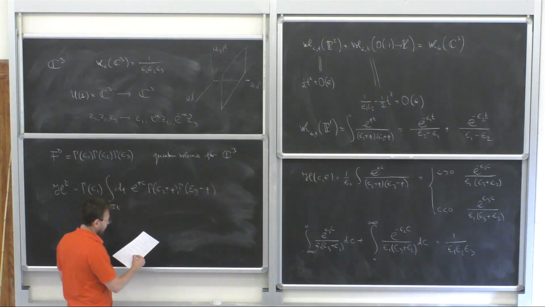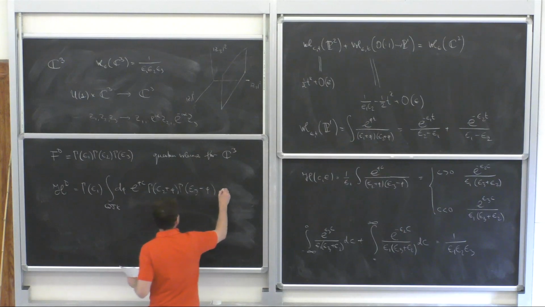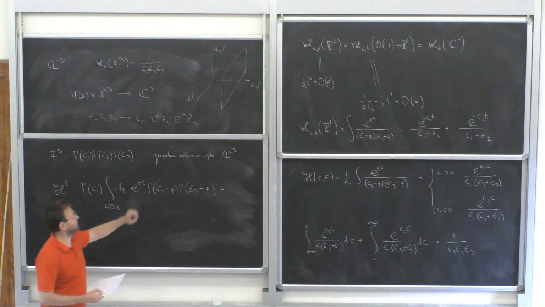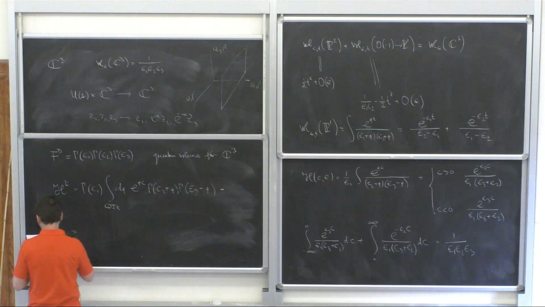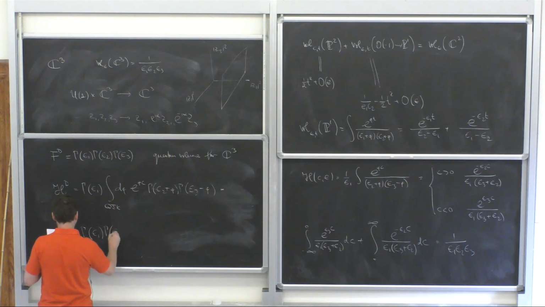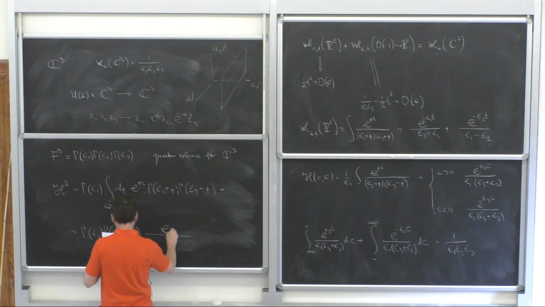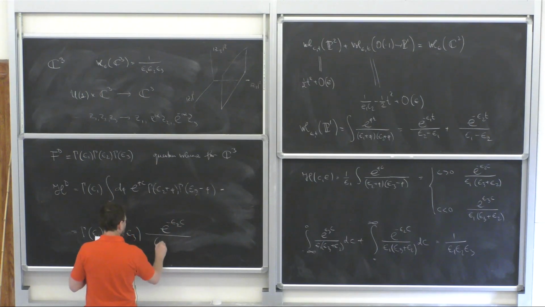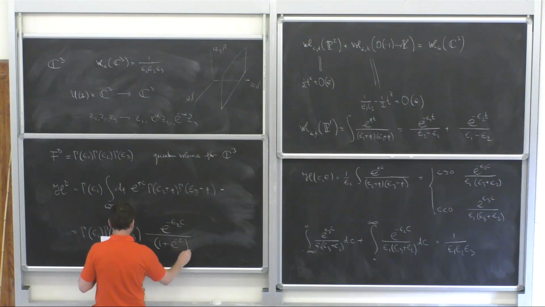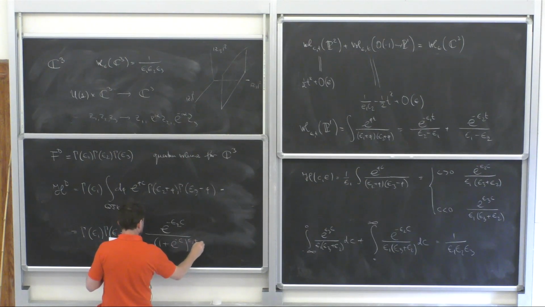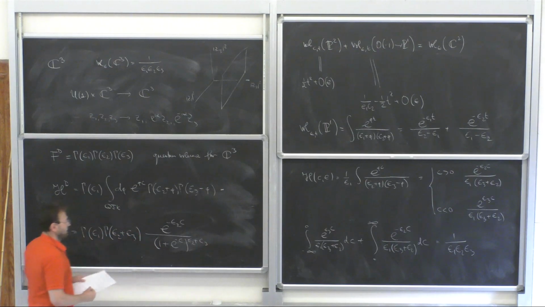So the answer, if you perform this integral, independently of C, is the following function. You will get gamma of epsilon 1, gamma of epsilon 2 plus epsilon 3, E to the minus epsilon 2 C, 1 plus E to the minus C, epsilon 2 plus epsilon 3.